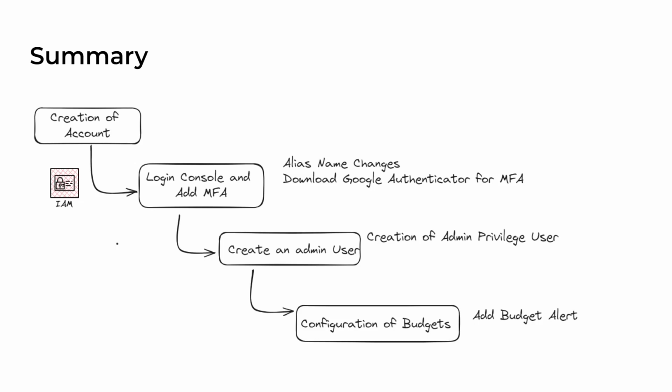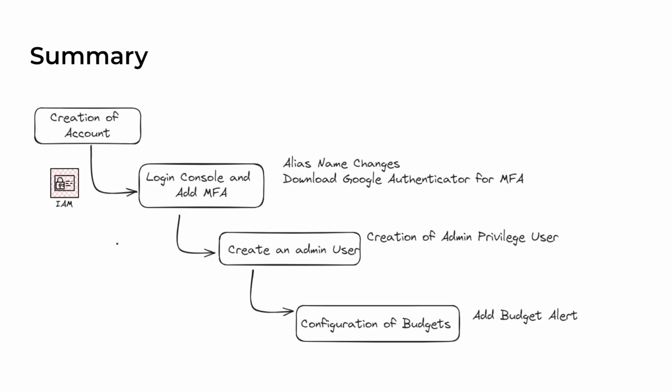So we have added that MFA to the root user, and we also changed the name of the account. So instead of the account number, we can give an alias for that account. For adding the MFA, we downloaded Google Authenticator. I will also add this in the description. So you can download it and add the MFA for the root user, or you can add MFA for the admin user.